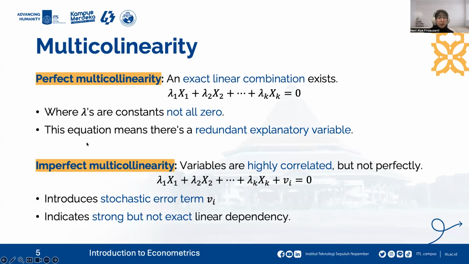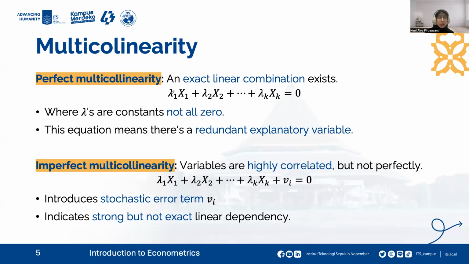So there is a redundant explanatory variable. Let's say lambda 1 is non-zero, lambda 2 is non-zero, and other lambdas are 0. Then x1 and x2 will have a linear relationship.